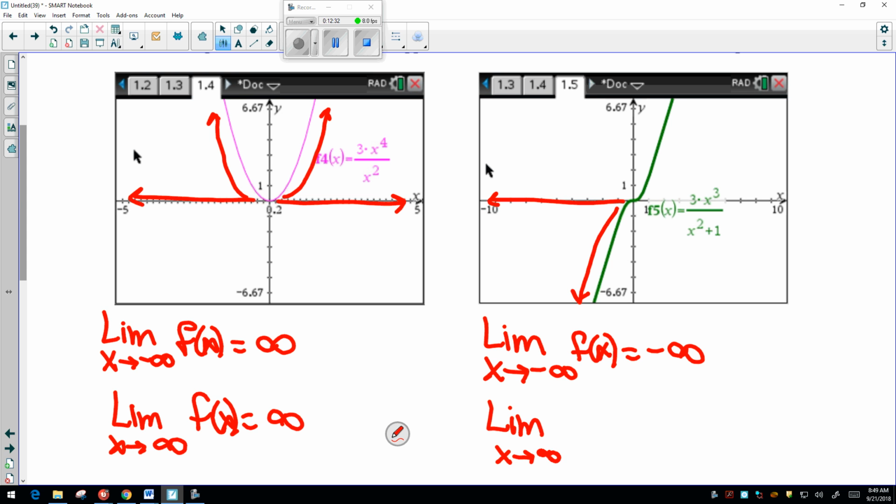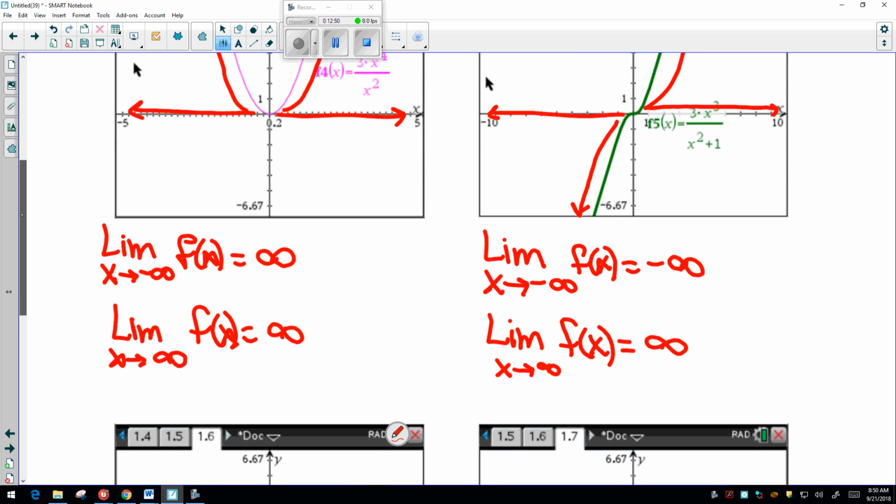So not only do we go to negative infinity, but we also go to positive infinity. So as x goes to positive infinity, I'm reading my x values, but reporting out the y values, I can see it's going to positive infinity. It's not hitting a value, so I can't write the value down.